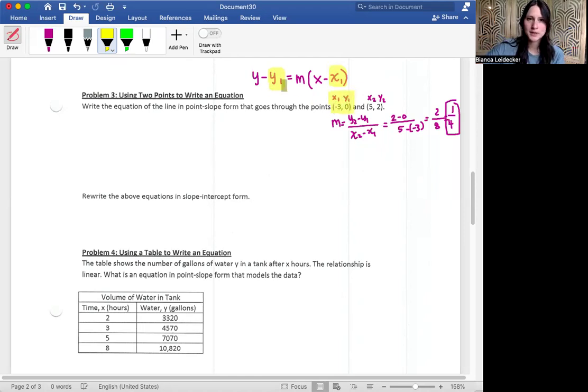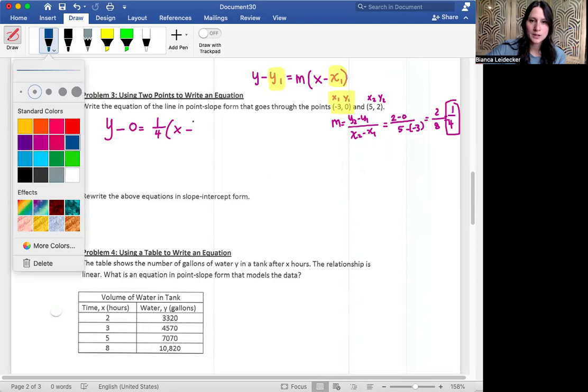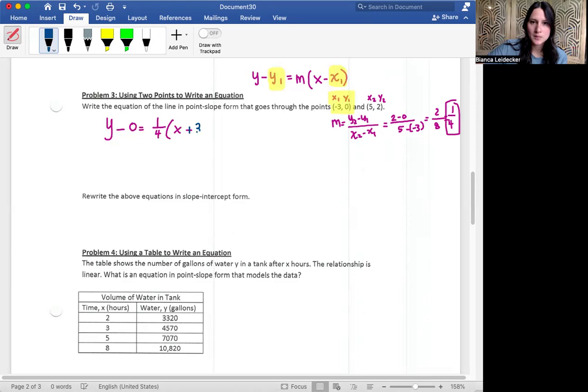I'm going to do (-3, 0), which means when I write my equation, y minus y1, I'm going to replace the y1 with 0. And then I'm going to insert my slope, 1/4, times x minus -3. Now remember, when I'm writing my -3, I'm going to combine it with that subtraction sign, so it becomes a +3.